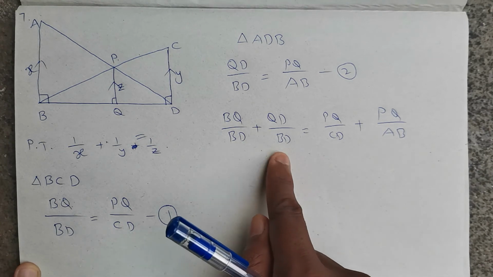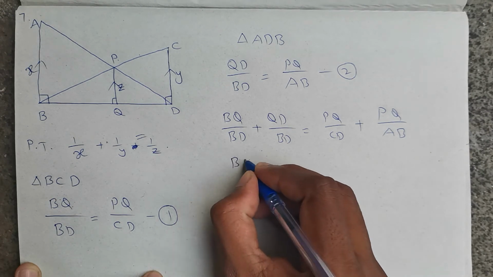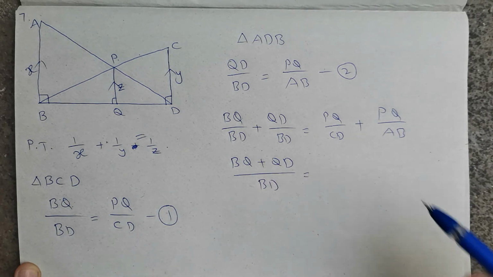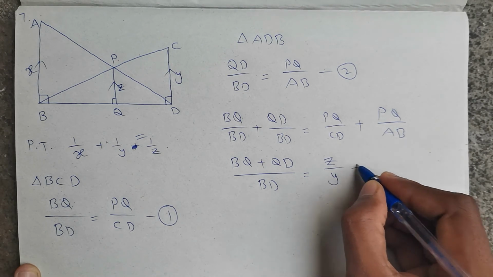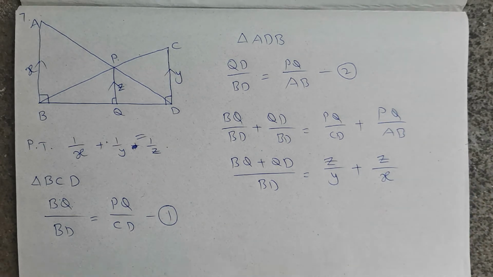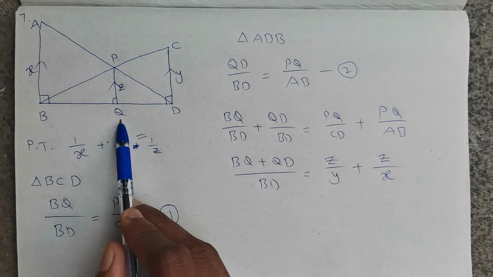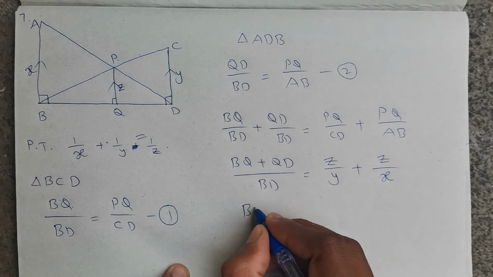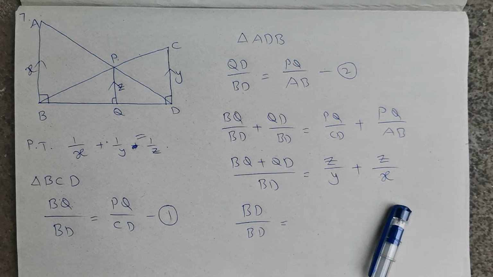Here if we observe both the denominators are same, so we can add the numerators. Then BQ plus QD divided by BD is equals to PQ measurement is there Z divided by CD is given as Y plus PQ is Z divided by AB X. Here BQ plus QD, this half plus this half is nothing but total BD, divided by BD is equals to, here both the denominators are different, so let us do cross multiplication.